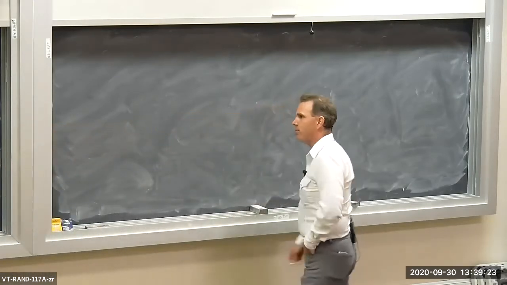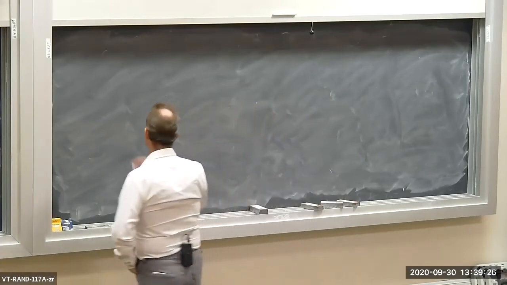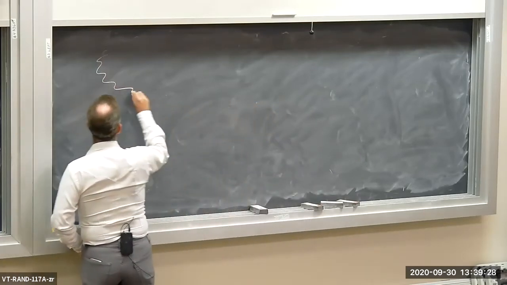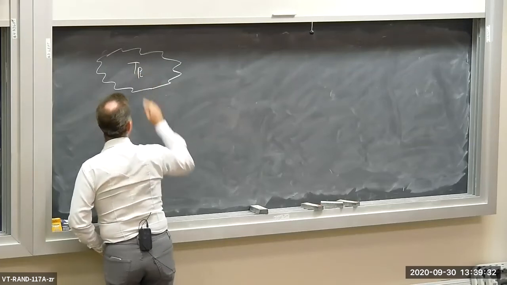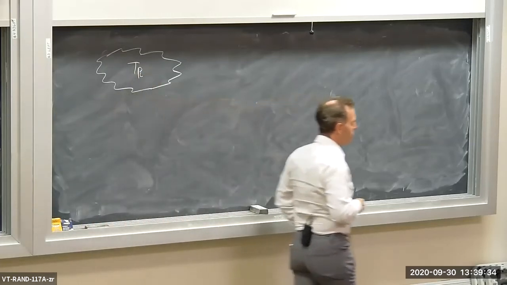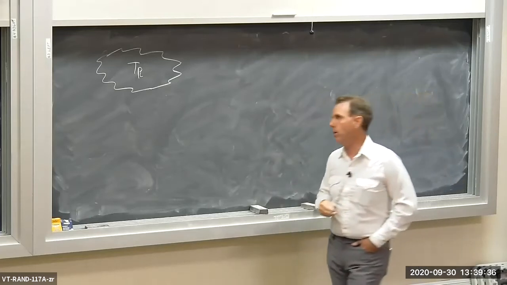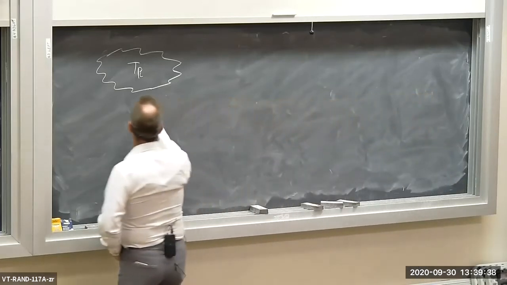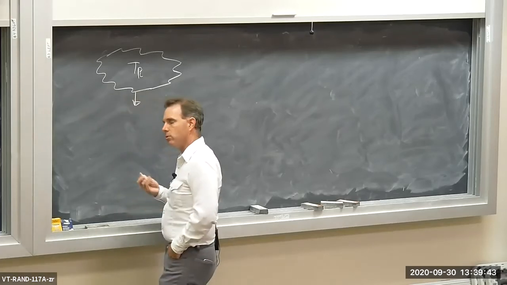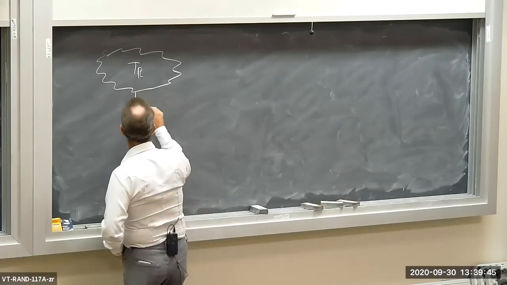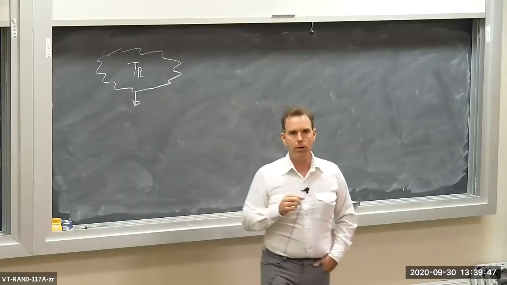So let's say we have the following situation here. I have a single reservoir at a temperature TR. Now, this reservoir rejects, or you can extract, a certain amount of heat. I'm not going to write Q here.